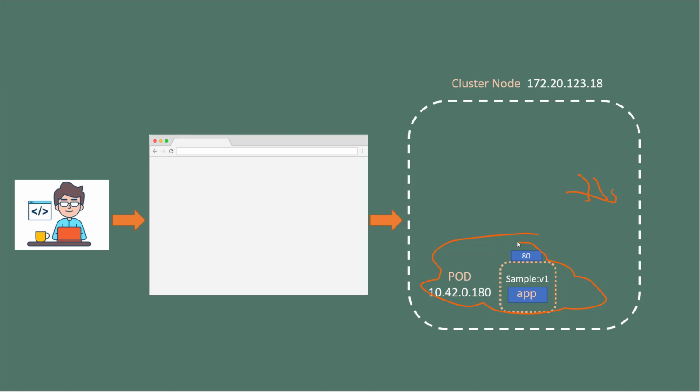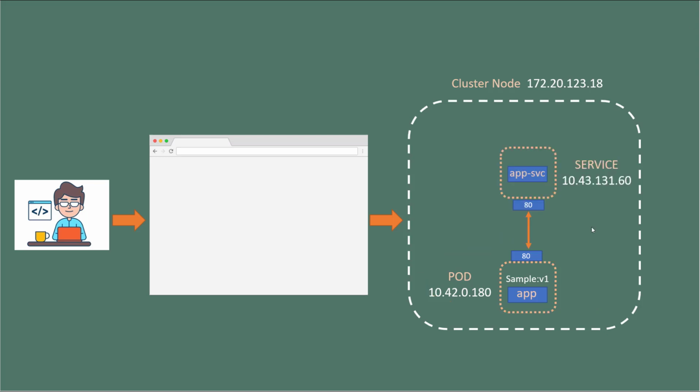And also, if for any reason the pod restarts, its IP will change. It means the pod never keeps a permanent IP. To solve this problem, another concept comes into play, called services.